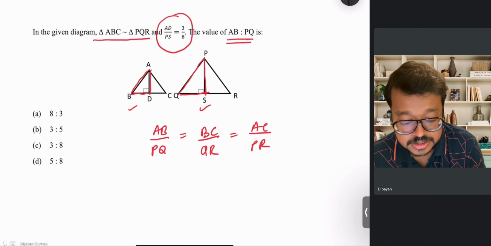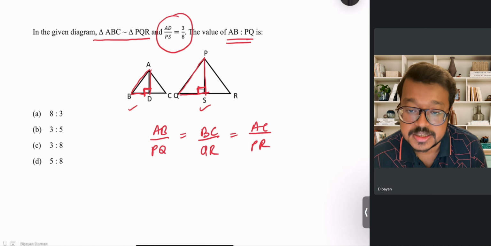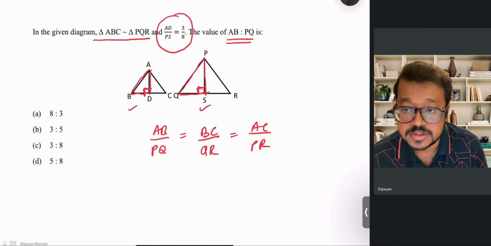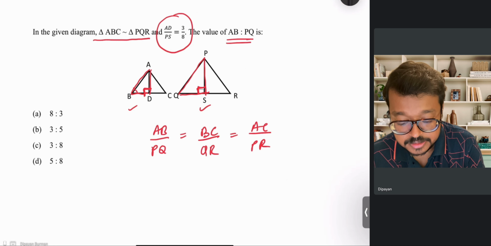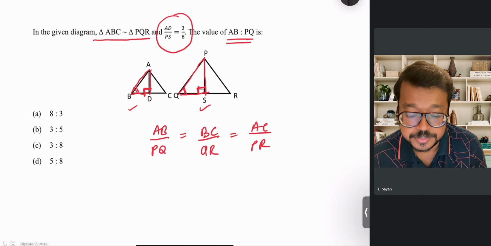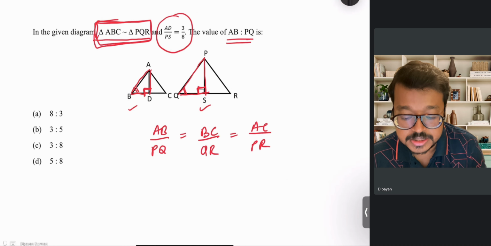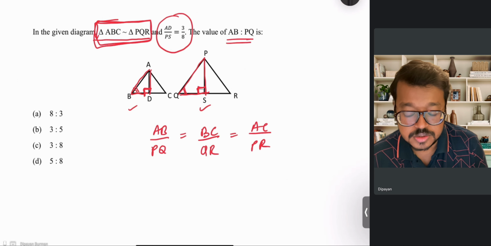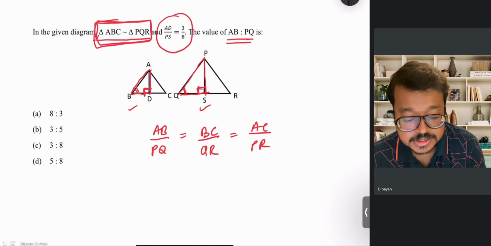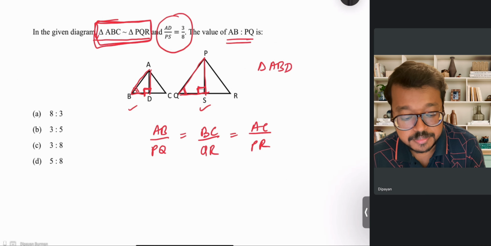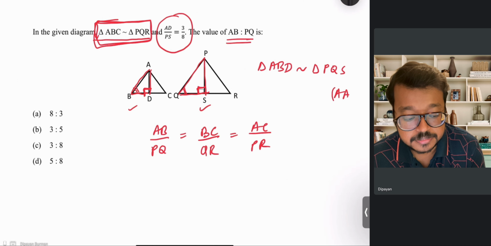I can see that these angles are equal to 90-degree, angle D and angle S. And also because the two triangles are similar, I can say that angle B is equal to angle Q. From the fact that ABC is similar to PQR, angle B is equal to angle Q. So if I look at the smaller triangles, triangle ABD must be similar to triangle PQS by AA axiom.